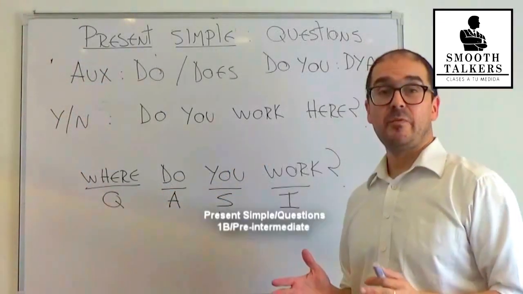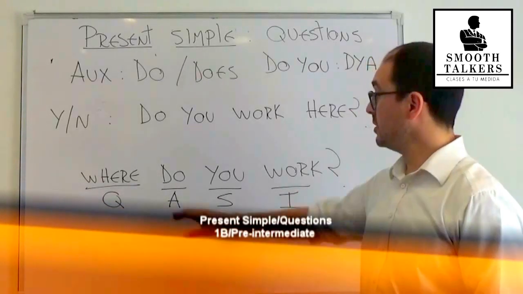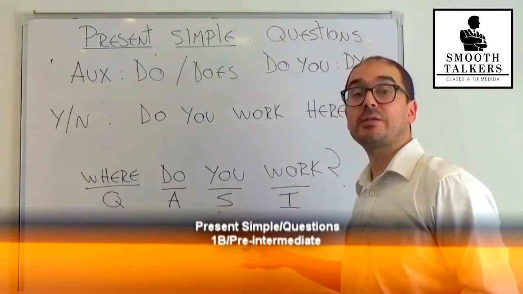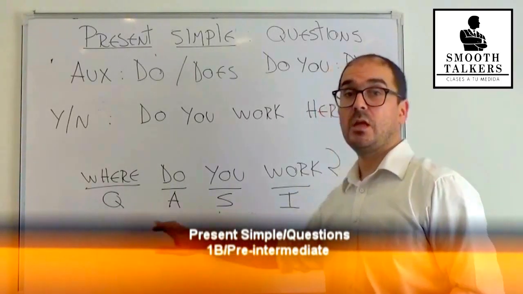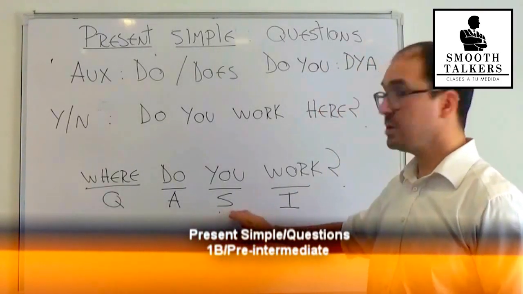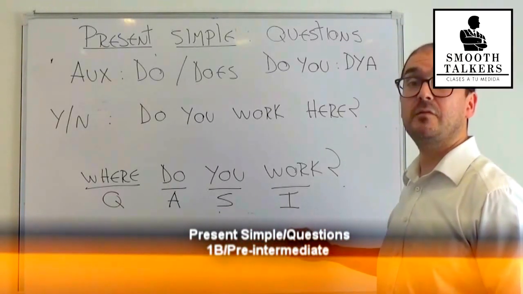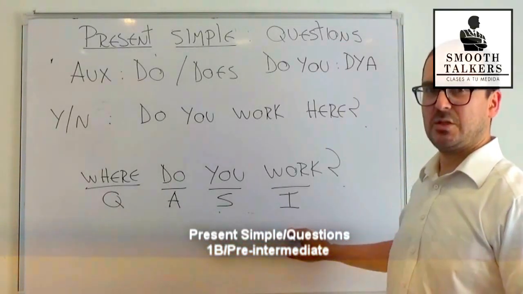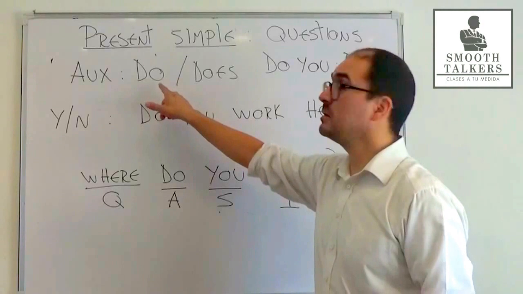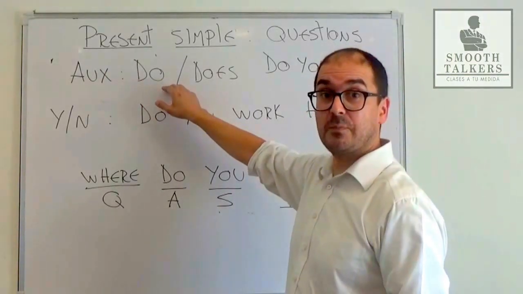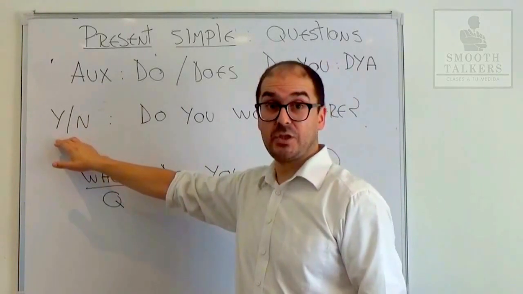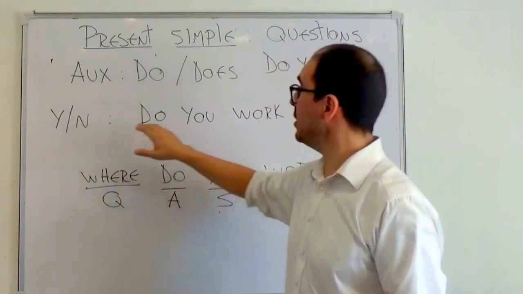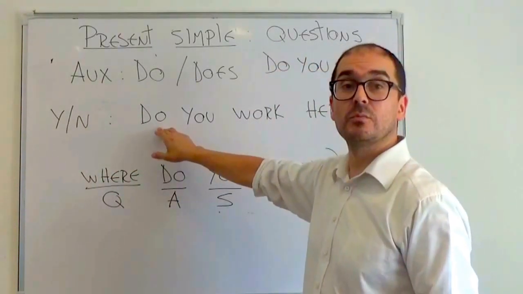We made a video before, so check it out, about word order in questions, and we reviewed this formula. Question word, auxiliary verb, subject, and infinitive. Check it out. It's going to do you good. Now, going back to present simple, if we want to ask a yes or no question, we simply start with the verb to do.